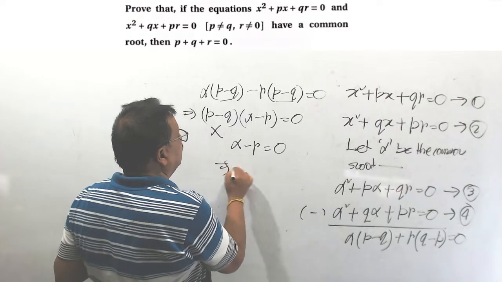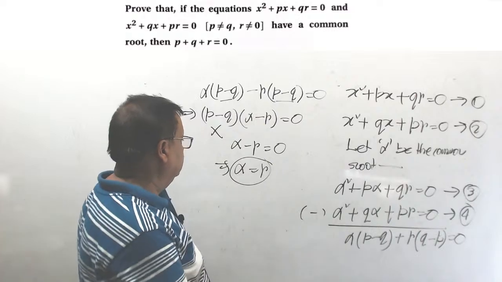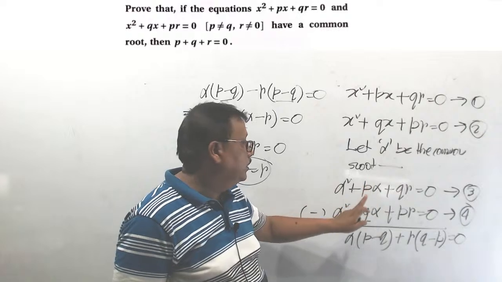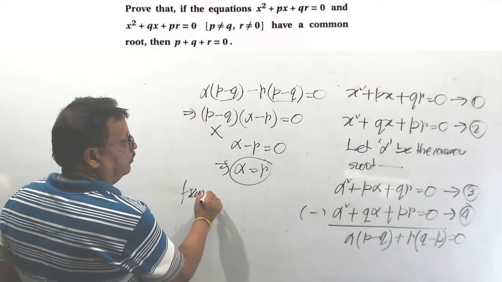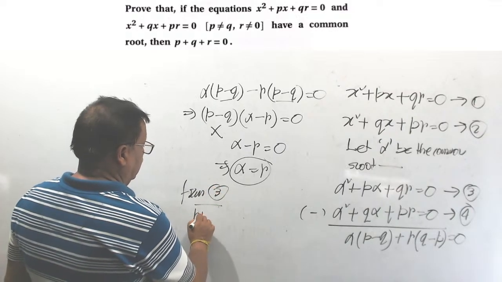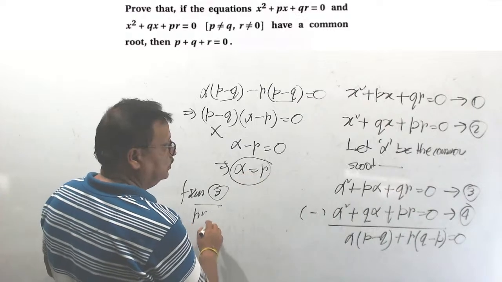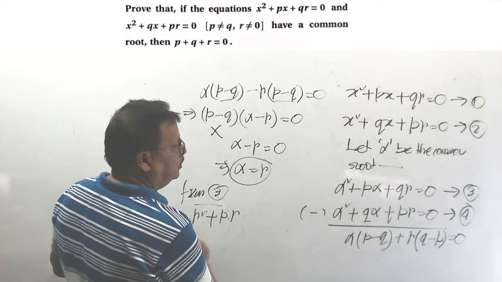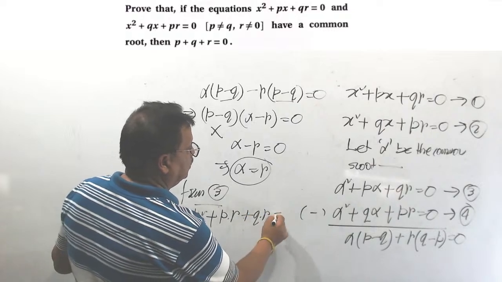This implies alpha is equal to r. What you got? Alpha is equal to r. Now put it in equation 3 or 4, anyone. From 3, what you get? Alpha square means r square, plus p into r plus q into r is equal to 0.